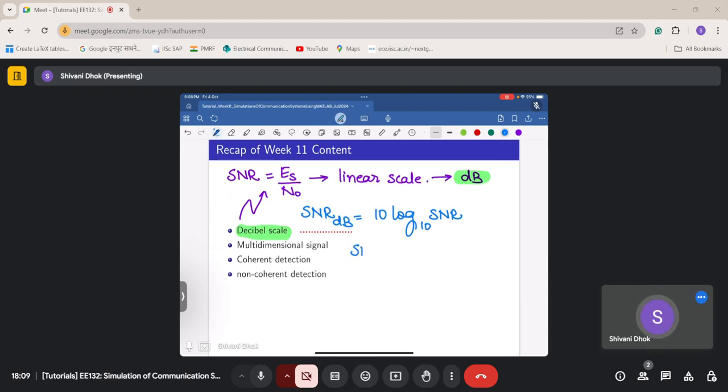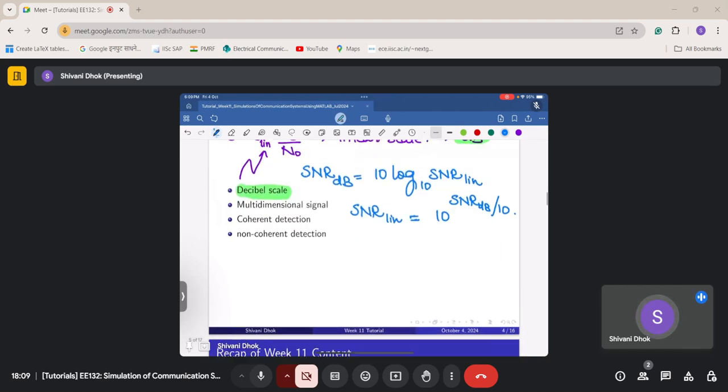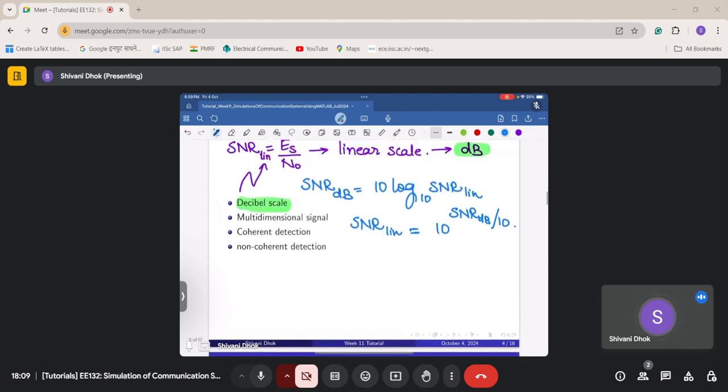To demarcate it properly, the SNR in linear scale from dB can be obtained by simply 10 to the power SNR dB by 10. This is the simple thing that we consider.